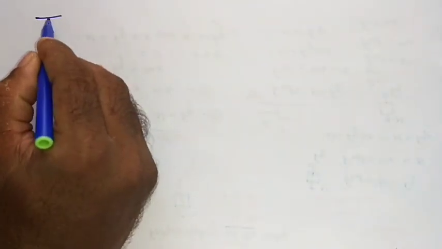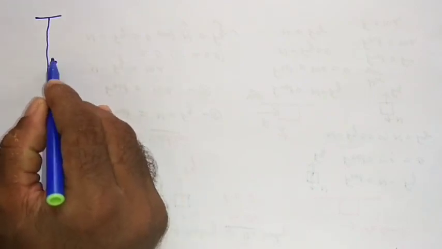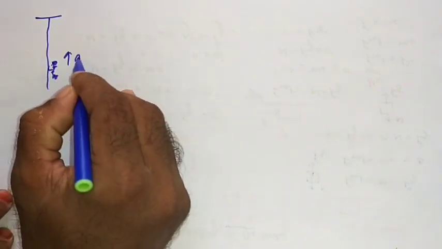Next, let us see another situation, where there is a string or rope, and on this a monkey is moving upwards with an acceleration a. For example, the monkey is climbing up the rope with an acceleration a.